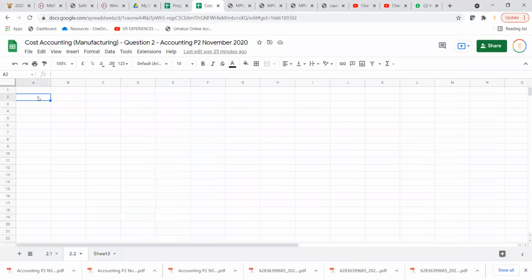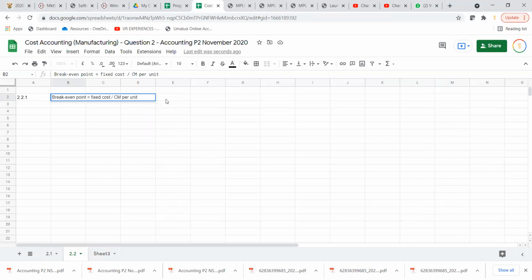So if I say 2.2.1, when you see break even, break even point in units equals fixed cost divided by contribution margin per unit.